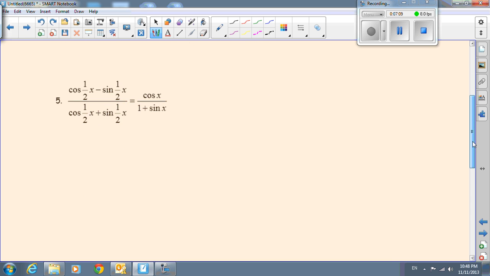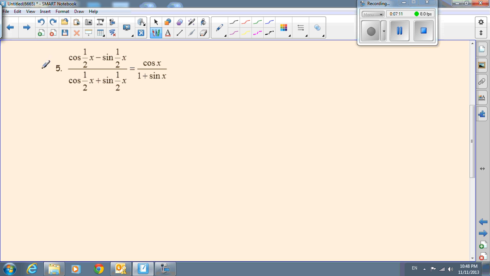Alright, let's do this last one. The last one is a little complicated because it looks a little messy, but we can work on that. The top one, I will start by rewriting it: cosine 1/2 x minus the sine of 1/2 x over cosine of 1/2 x plus sine of 1/2 x.